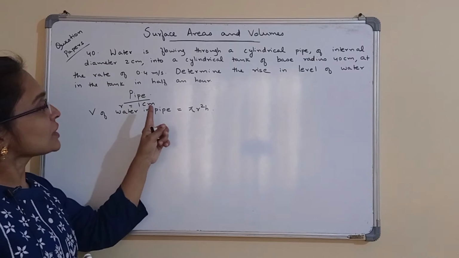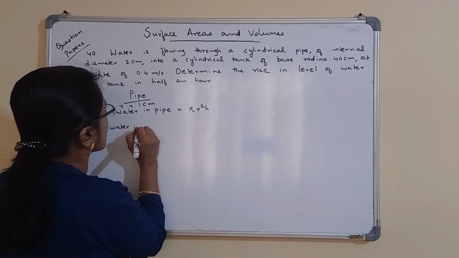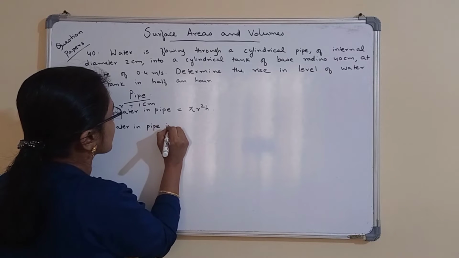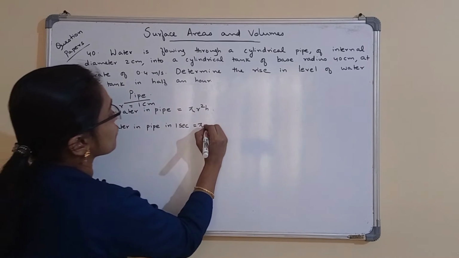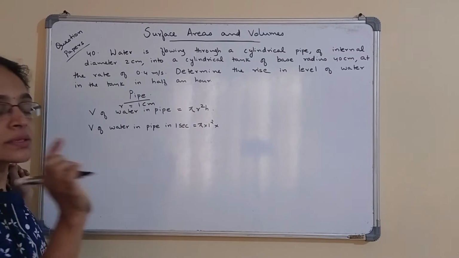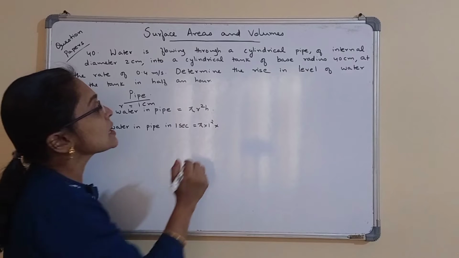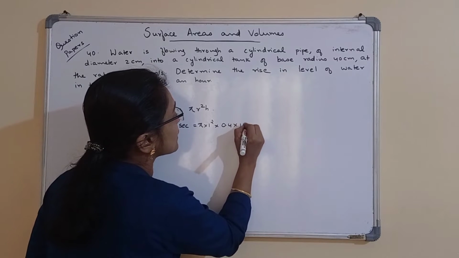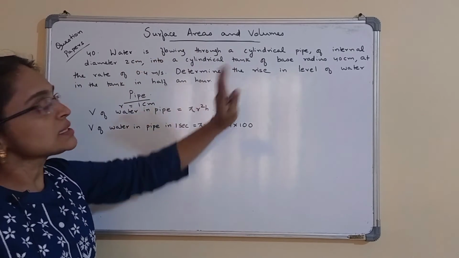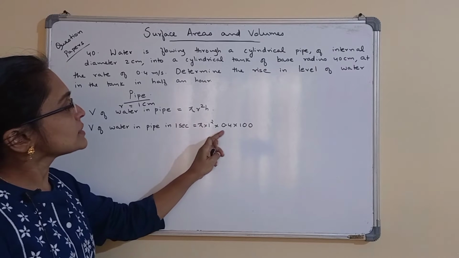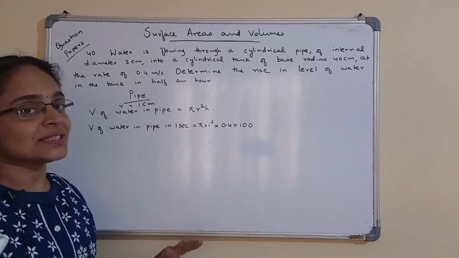So volume of water in pipe in 1 second is equal to pi into r is 1 square into, in 1 second it will flow 0.4 meter, that is 0.4 into 100 centimeters. We have to convert this to centimeter because all the other units are in centimeter. So this is equal to pi into 1 square into 0.4 into 100. Volume of water in pipe in 1 second is this.